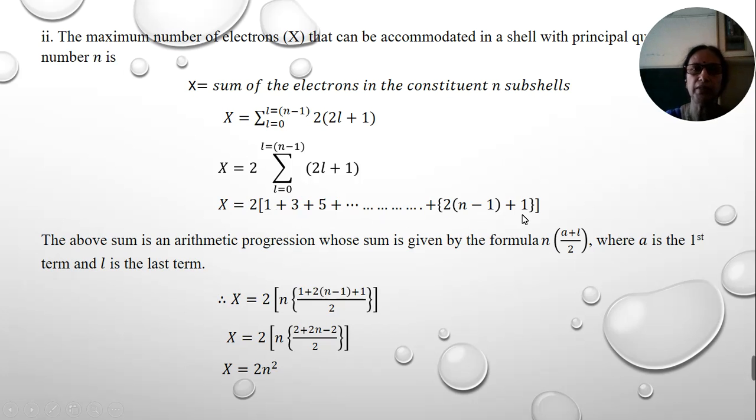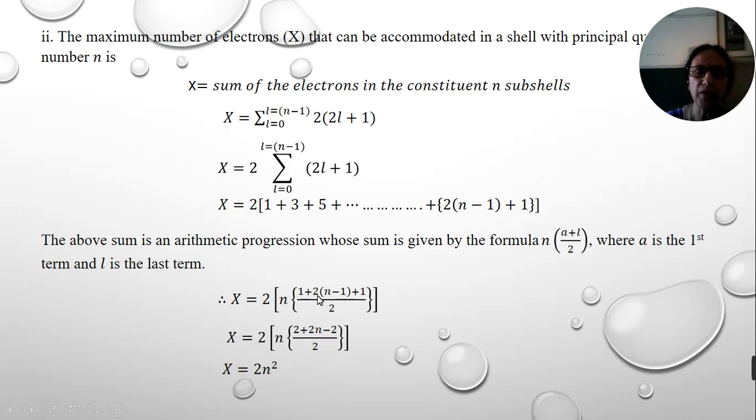So this sum is an arithmetic progression, whose sum is given by the formula n into (a plus l) by 2, where a is the first term and l is the last term of the progression. Substituting the values of a and l, 2 is retained as it is and n also is retained as it is. The first term in the progression is 1 and the last term in the progression is this.